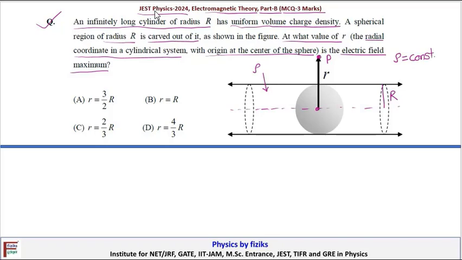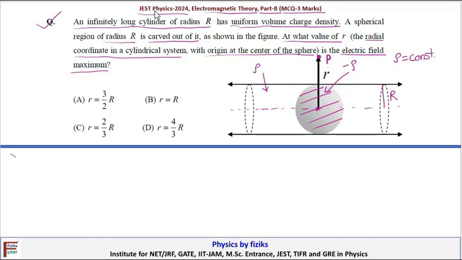Now to get a cavity-like situation, because this portion has been removed, we will assume that we have embedded a minus rho charge density of a sphere of radius capital R, so that it has a cavity-like situation. Now at point P, by applying the superposition theorem, we will first calculate the electric field due to the uniformly charged cylinder having charge density rho, and then due to the uniformly charged sphere having charge density minus rho.